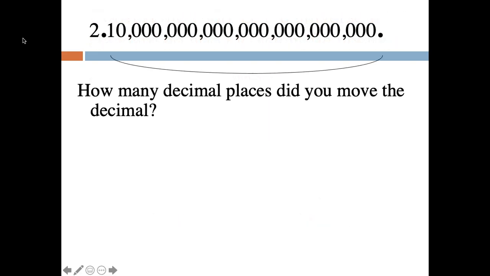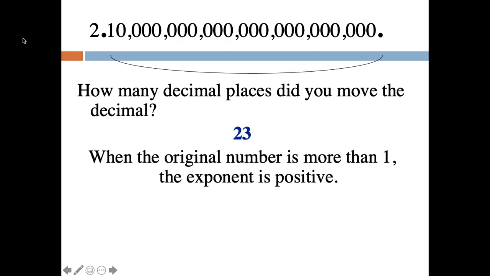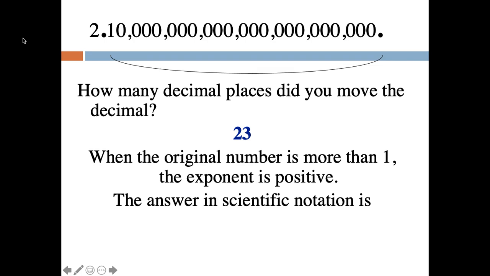So in order to get the decimal from where it starts off to where we want it, you have to move it 23 times. And since the original number is very big, the exponent is positive, and the answer in scientific notation is 2.1 times 10 to the 23rd.